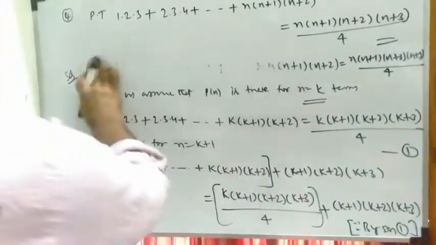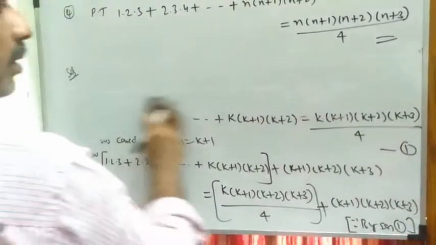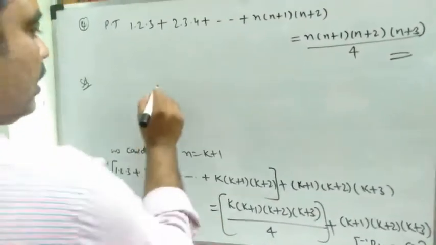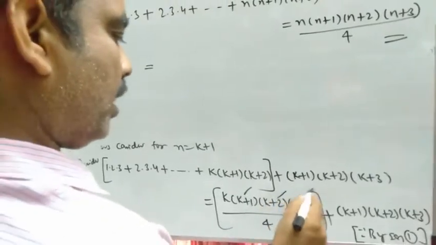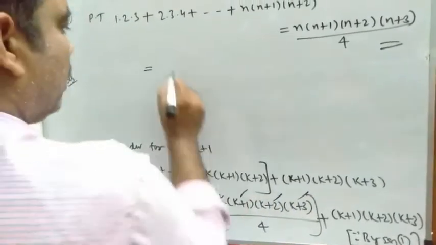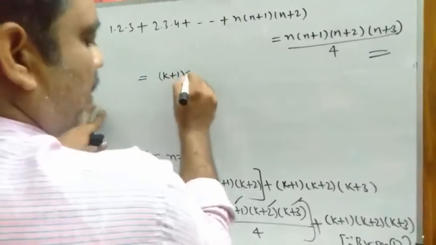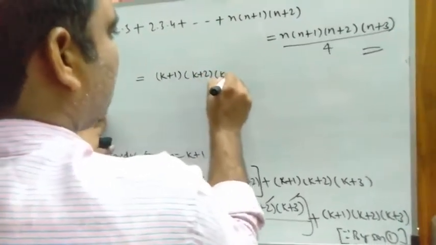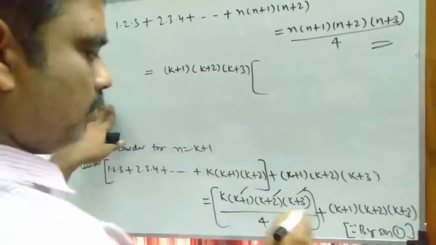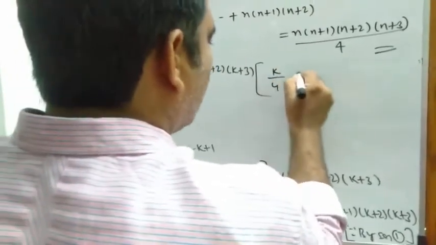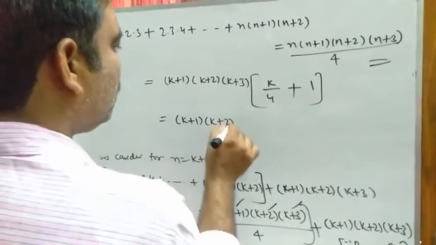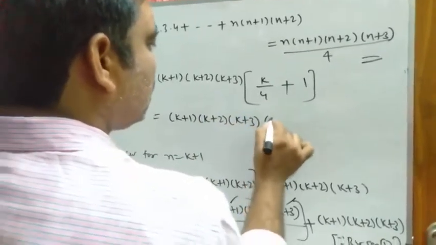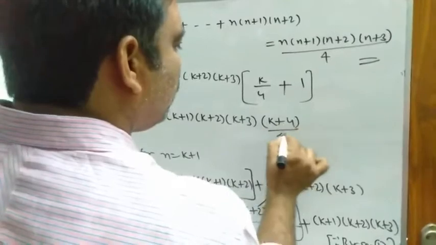Now on simplifying the right hand side, the common terms are k plus 1, k plus 2, k plus 3. Taking these out, in the first term it is k by 4 and in the second term it is 1. So this is k plus 1, k plus 2, k plus 3, into k plus 4 by 4.